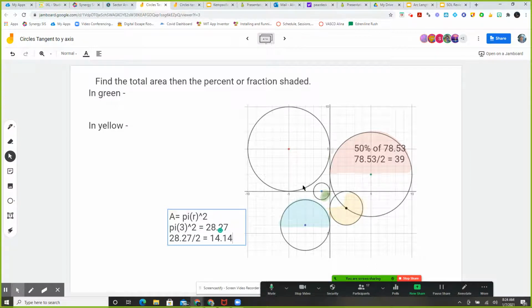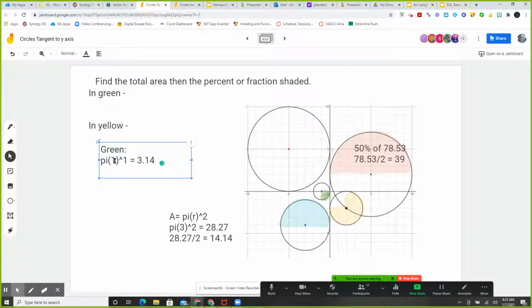What would I do for the green one? What math would I do? I've got to find the whole area. So pi times what? Pi times 1 squared. That's going to give me 3.14.